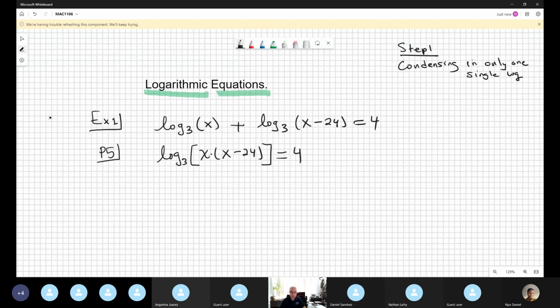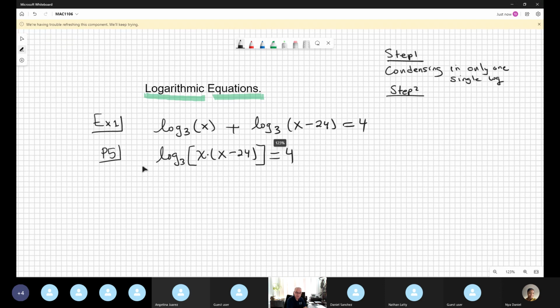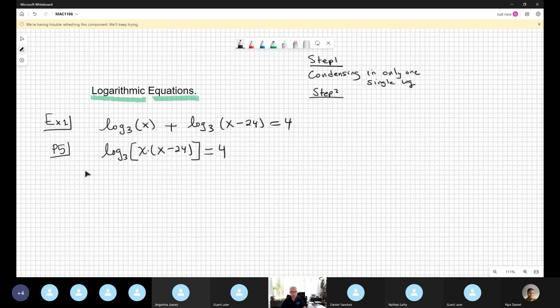Yes. Okay. Step 2 is mandatory, guys. You must do it that way in the test. You put the arrow and you indicate on the arrow 2 exponential. What is the idea?